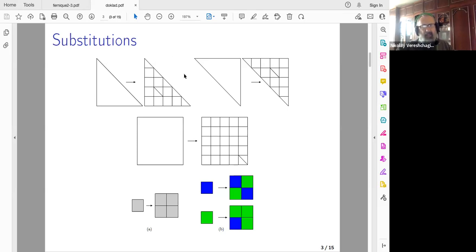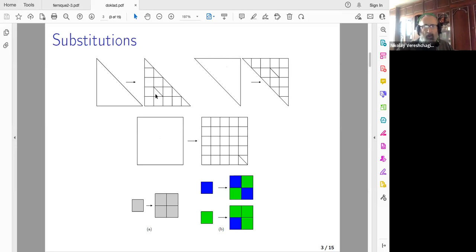So a substitution is the following thing. Assume, for example, that we have three tiles, a triangle, another triangle, and a square. So substitution means that each of these polygons is cut into smaller polygons. In this case, each smaller polygon has size 1/5 of the original polygons.